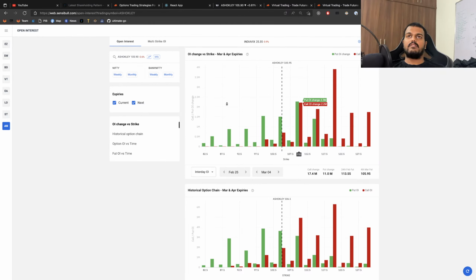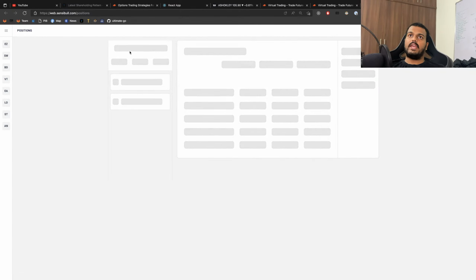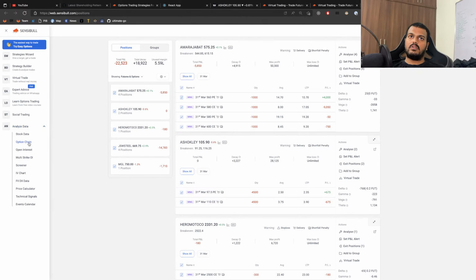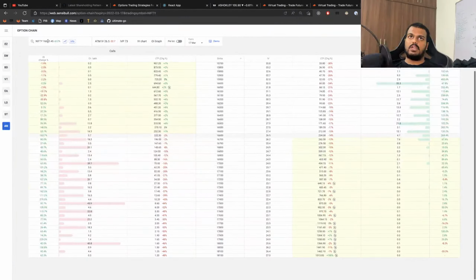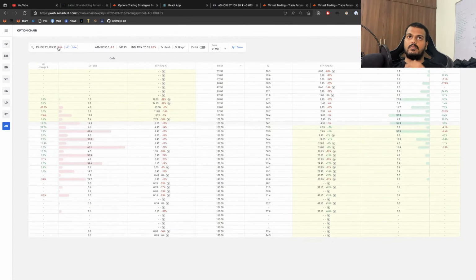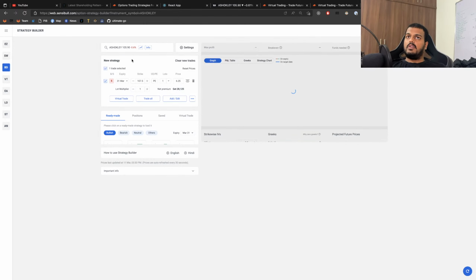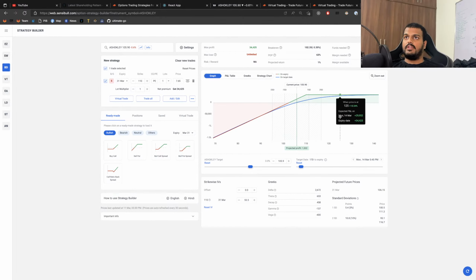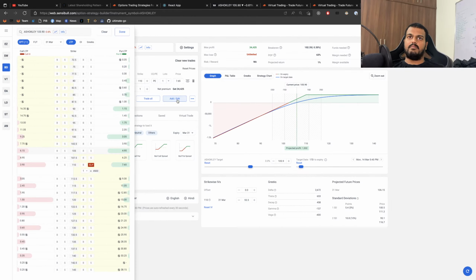So this can give, okay, let me show how an institution might do this. Let me say Ashok Leyland. So if I am selling this one, there were huge even here when it was in the money, exactly like the present situation.